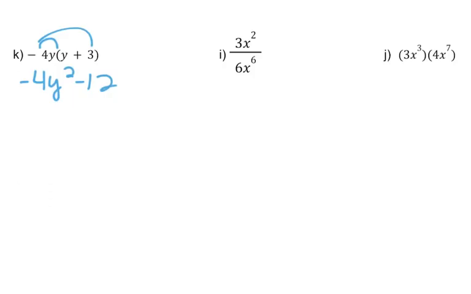Okay, next one. 3x squared divided by 6x to the 6th. On this one, you may be tempted to... I'm going to write it out because it's a little funky. 1, 2, 3, 4, 5, 6.